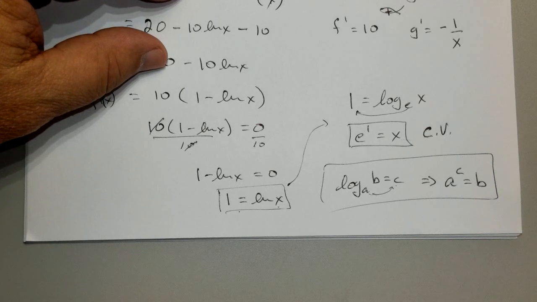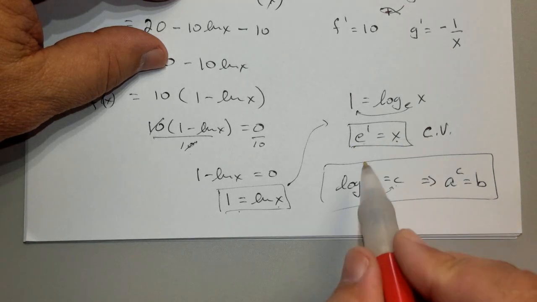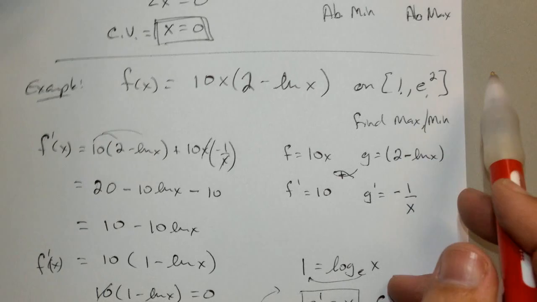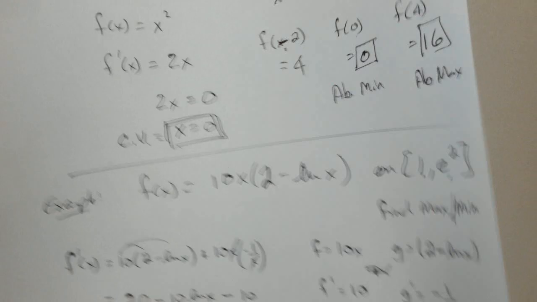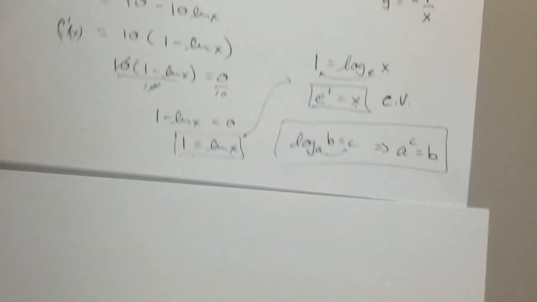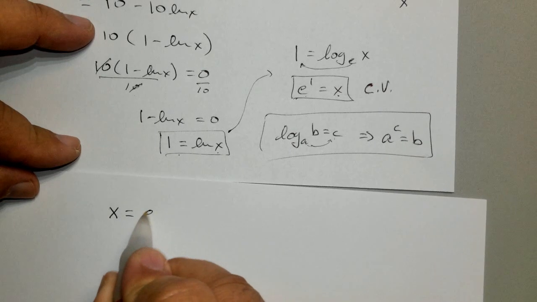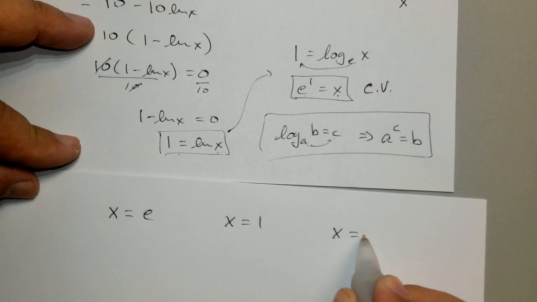So the 3 points we have to test for extrema: x is equal to e, x is equal to 1, and x is equal to e squared.